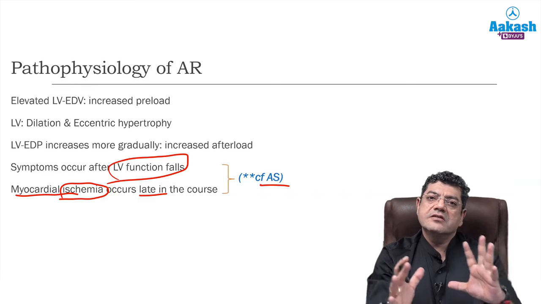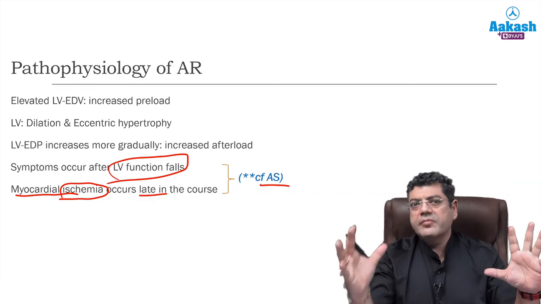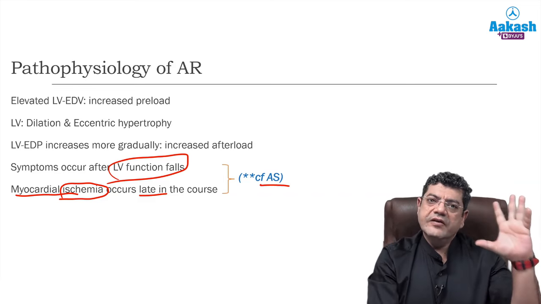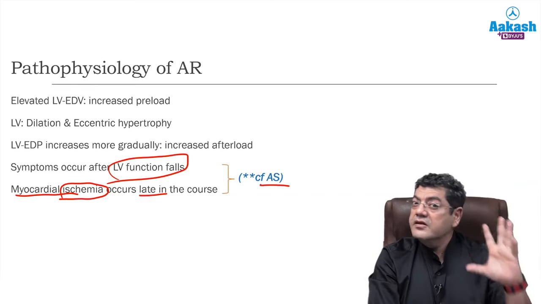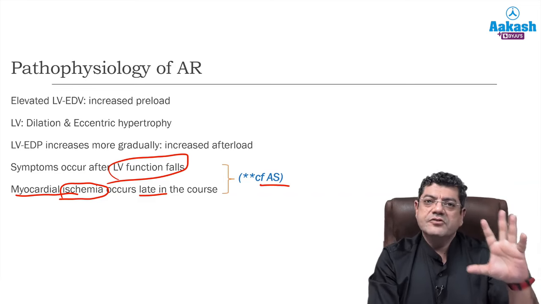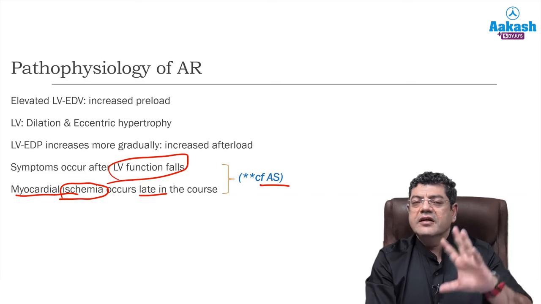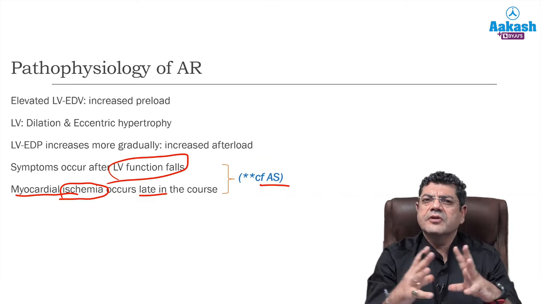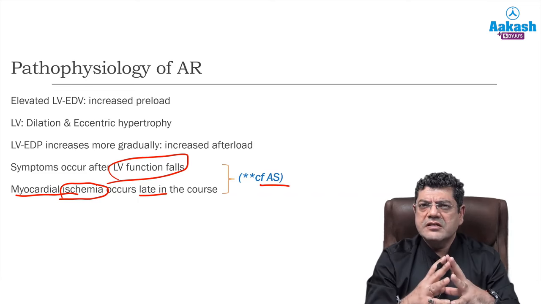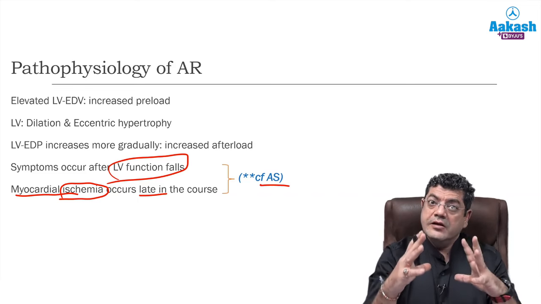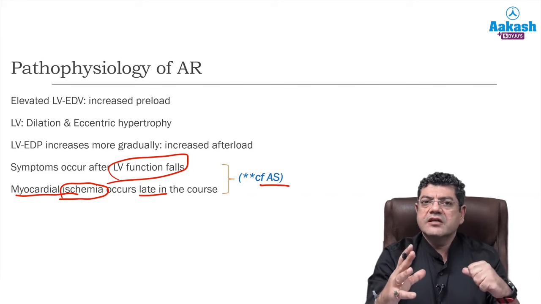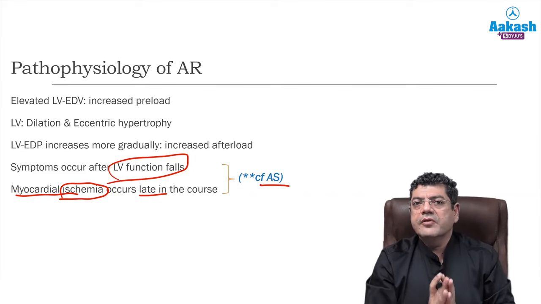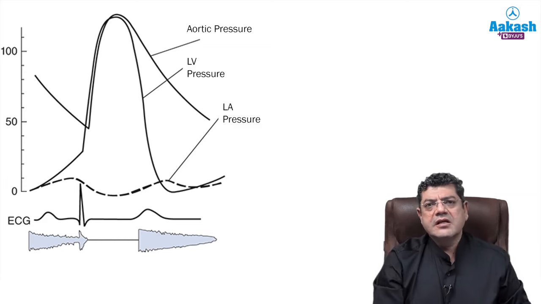How do you say whether it's predominant AS or predominant AR? If left ventricle failure occurs early on in the course, that means you're dealing with aortic regurgitation. If the patient does not have LV failure, no orthopnea, no paroxysmal nocturnal dyspnea, and instead the patient is having exertional angina, then you're dealing with predominant aortic stenosis.